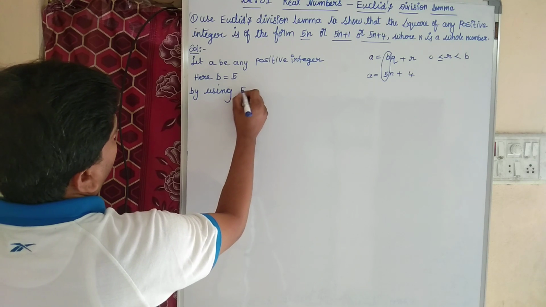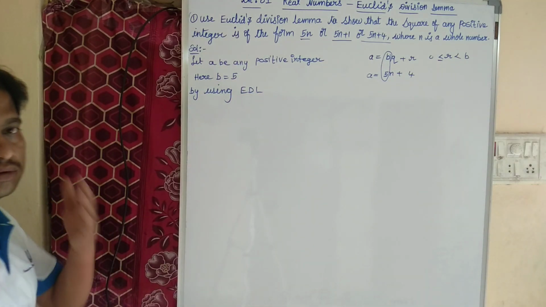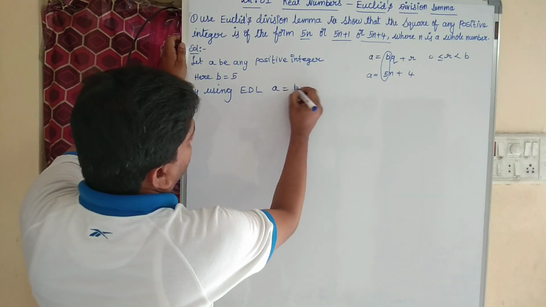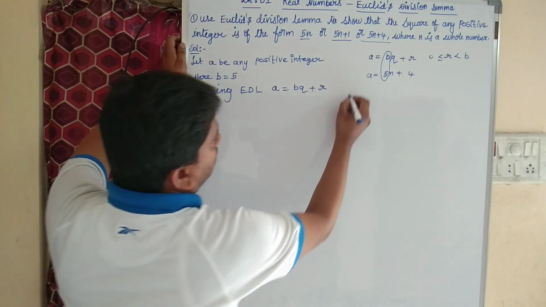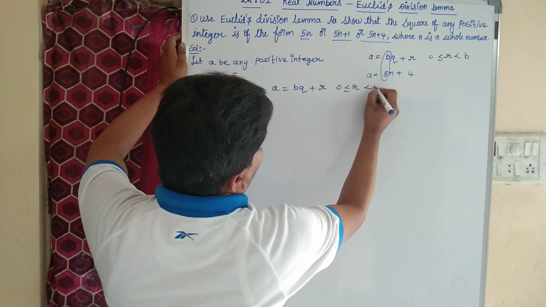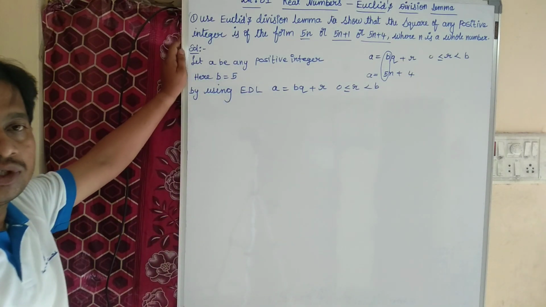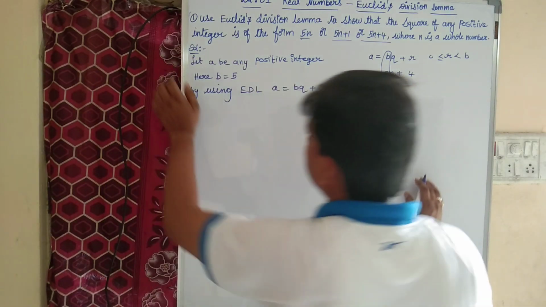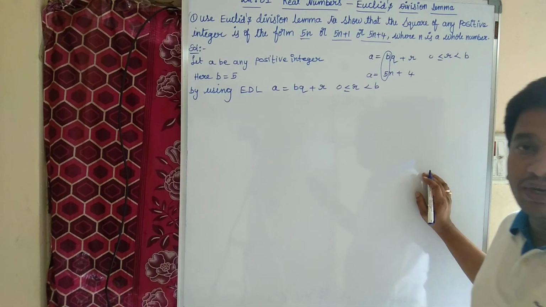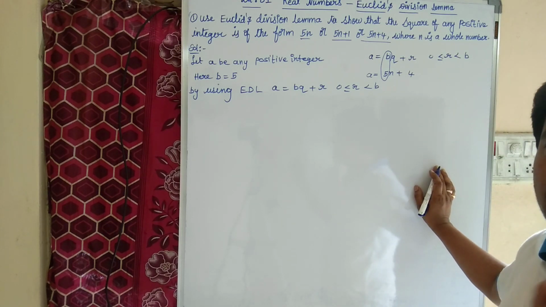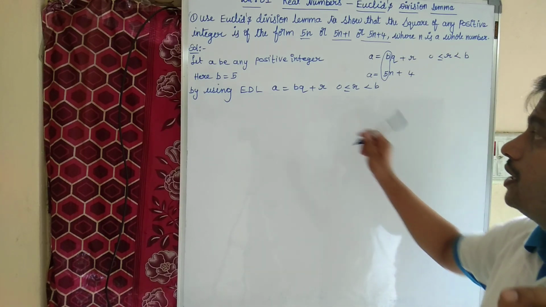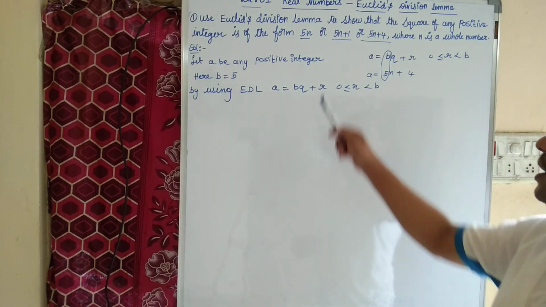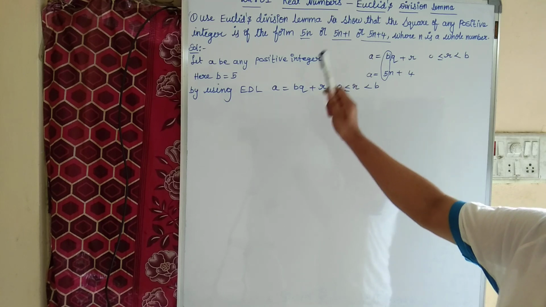Children, once again I am explaining. Euclid's division lemma is nothing but a equal to bq plus r, where r must lie between 0 and b, that is, 0 less than or equal to r less than b. Here a is any positive integer. How can we define b? It depends upon the given question.